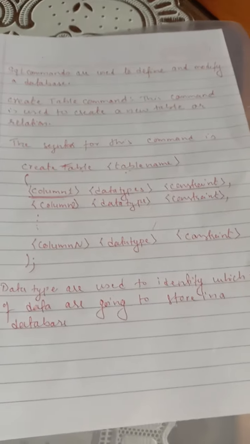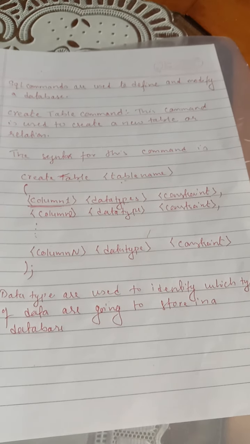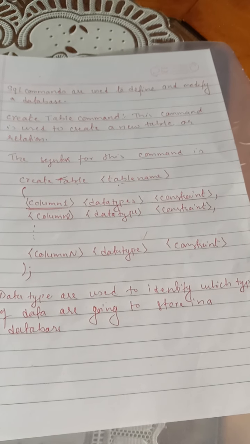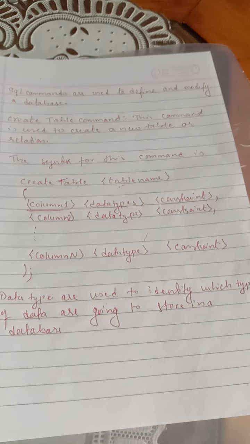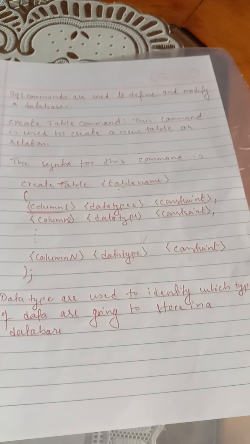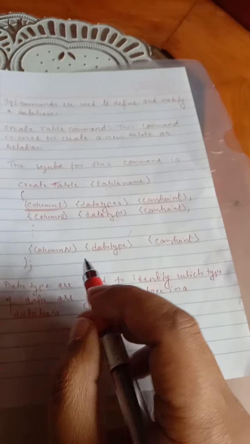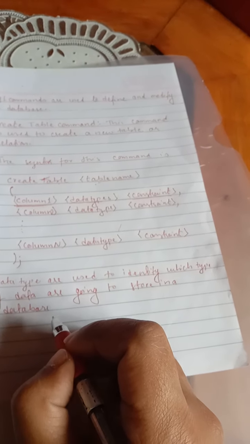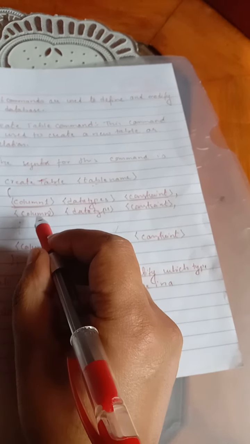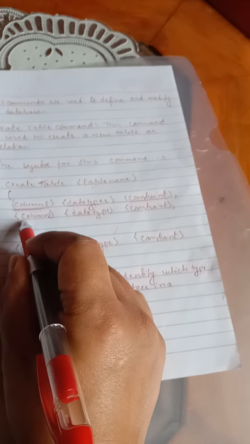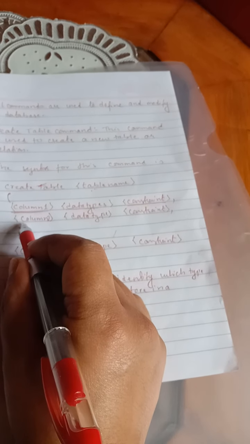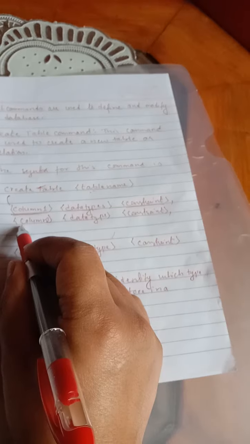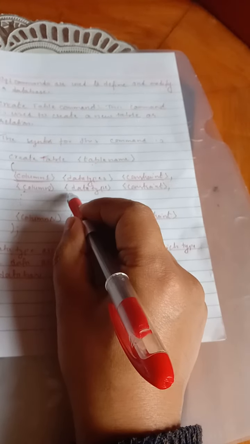What kind of data or what kind of value you are going to store. If the variable name or column name is a number, then we have to give an integer. If the value of the attribute is alphabetic, then we have to give a varchar data type.